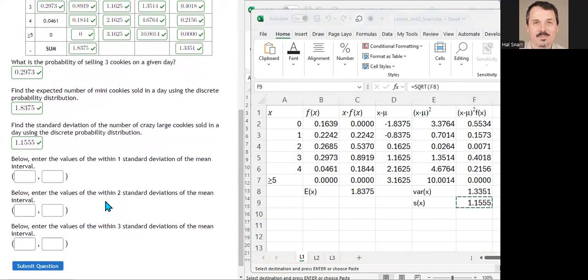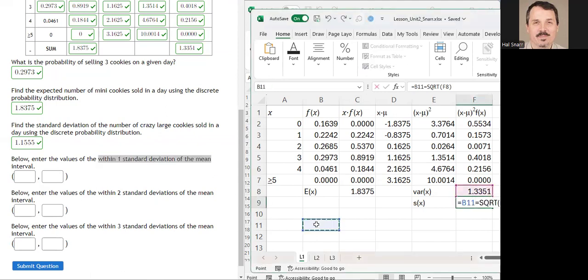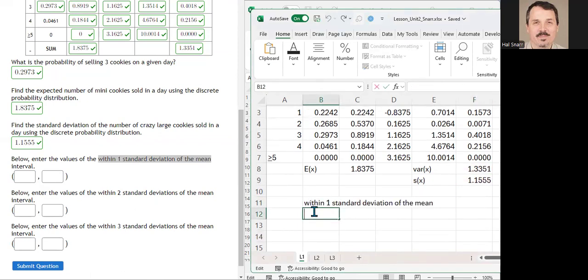Okay, something that we do in statistics a lot is we calculate the within 1 standard deviation of the mean interval, the within 2 standard deviations of the mean interval, and the within 3 standard deviations of the mean interval. So what we want to do here is I'm going to copy this here, here, and here.